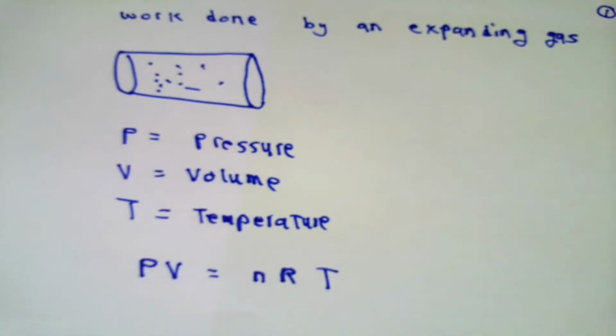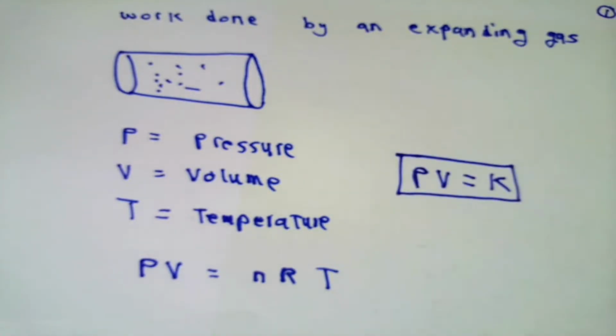If we assume that our proceedings don't change the temperature much, then N times R times T will more or less be a constant, and we can simplify this to an easier to work with form. The form of this law that we'll work with is pressure times volume is a constant.